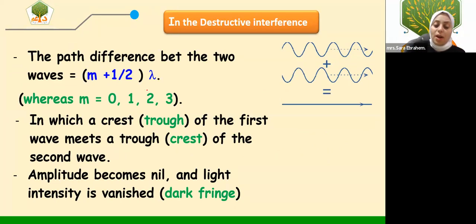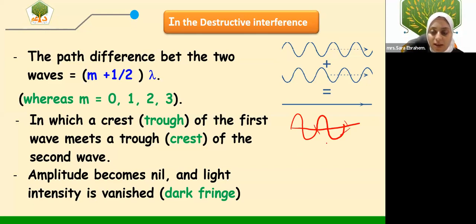When the second crest meets the second trough, look, that's wave 1 and wave 2.